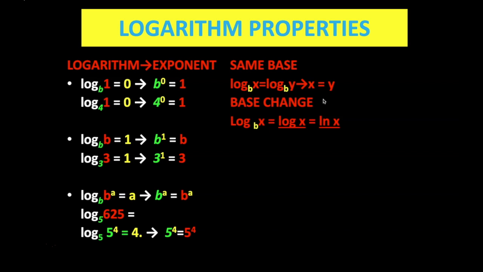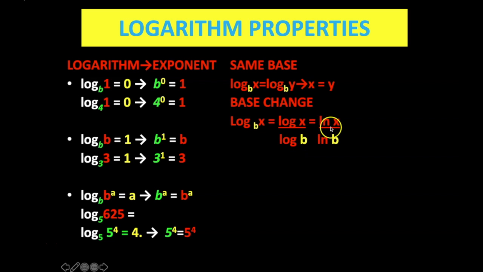It's pretty easy. The base change formula says if I'm not in base 10, which is called common log, I can get to base 10 using the base change formula. So I went from base b to base 10.